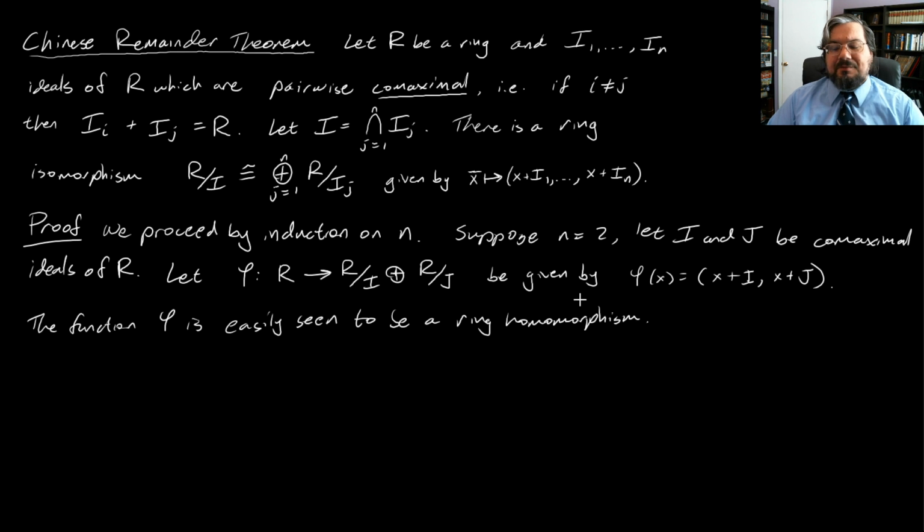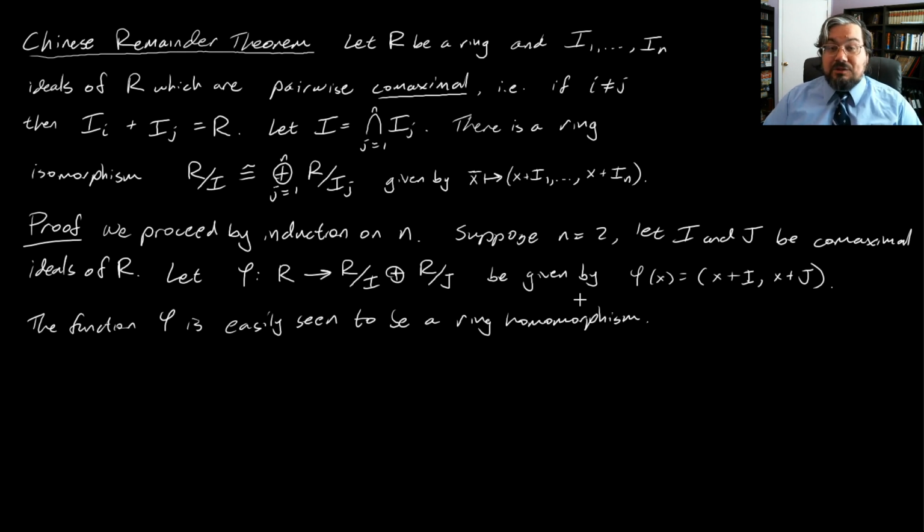This is very quick to check. Phi really is just the direct product of two projection maps, which we know are homomorphisms because of the way that operations on factor rings are defined. So, phi is easily seen to be a ring homomorphism. I'll leave that as an exercise for anyone interested.